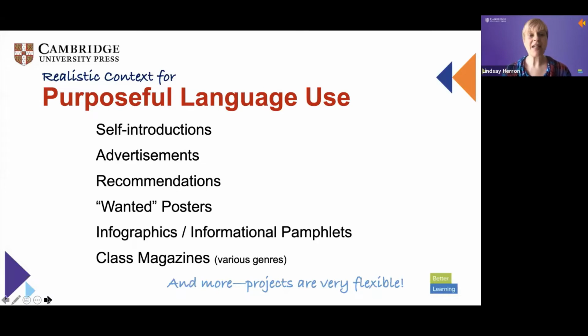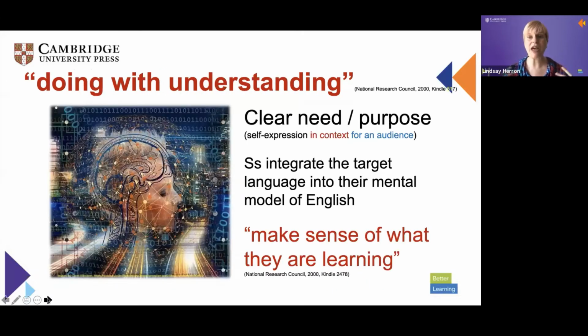And actually, that helps with cognition. Research has found that doing with understanding is how people learn. It's not just memorizing, but doing with understanding why you're doing it. So in this case, the project creates a clear need to use English, a clear purpose for communication.